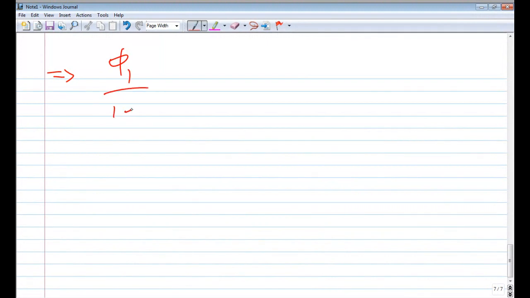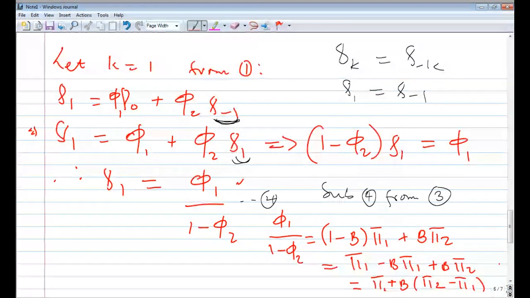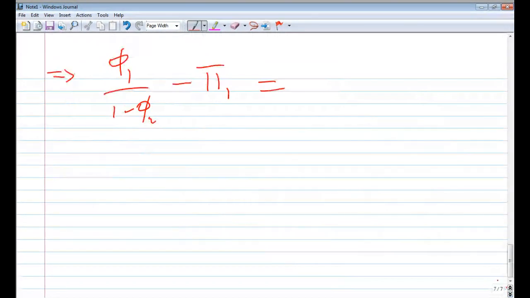Phi 1 over 1 minus phi 2 minus pi 1 equal to B, open brackets, pi 2 minus pi 1.